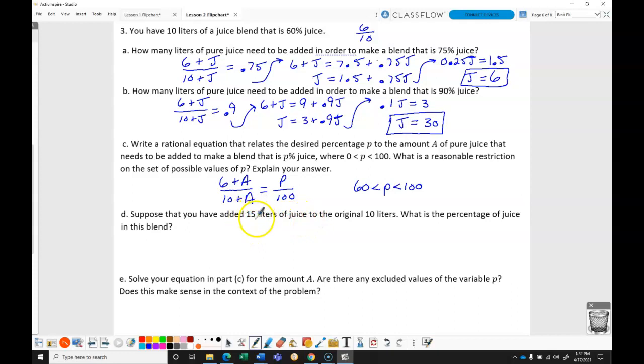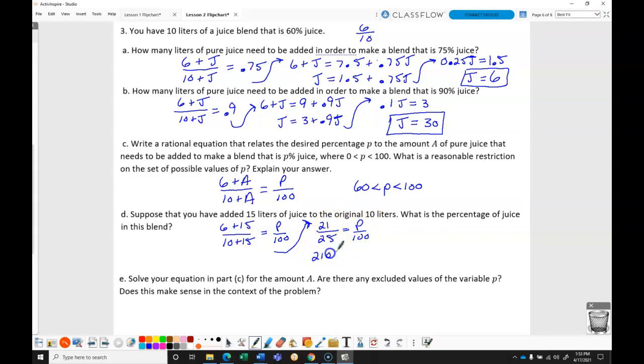Well, this is now my A value. So I'm going to do 6 plus 15 over 10 plus 15. And that's going to equal some number over 100, my percentage basically. So we have 21. 6 plus 15 is 21. And 10 plus 15 is 25. Okay, and that equals P over 100. So I cross multiply here.